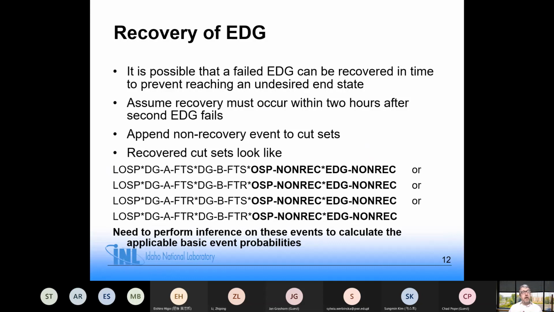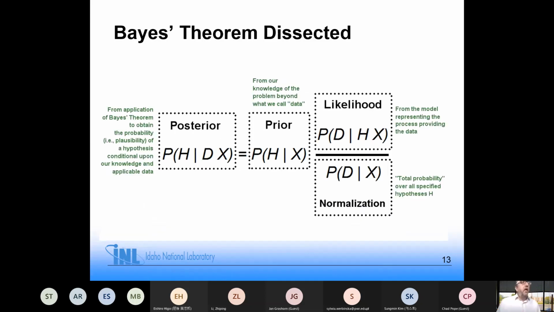And then we would need to have a model for that. And then the second part would be the diesel, if it fails, that we don't recover the diesel, or EDG non-rec. So both of these represent a probability that we don't do something. We either don't recover offsite power or we don't fix the diesel generator. Okay. So let's talk about how we are going to quantify the probabilities.